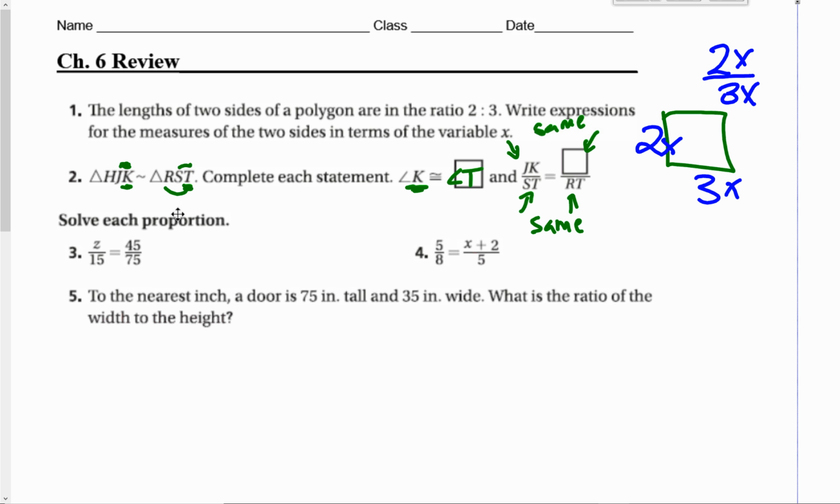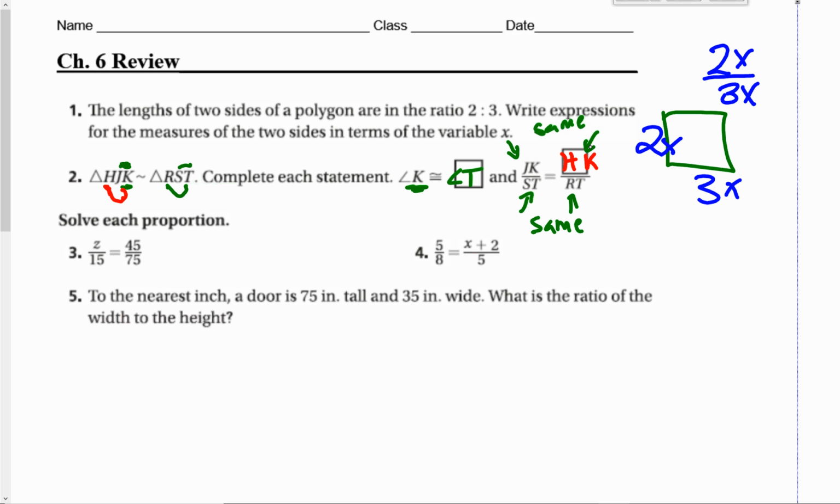So to go from R to T on this bottom one, that's the first and the last. So this one on the top triangle must also be the first and the last. But which one came first? R. Well, what matches up with R? H does. So this is going to be HK.